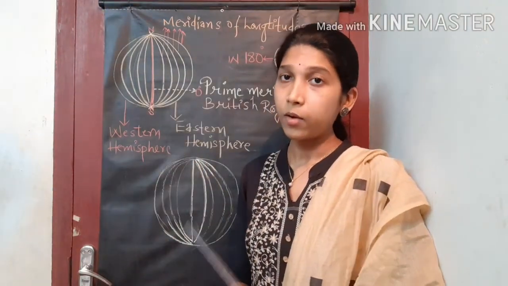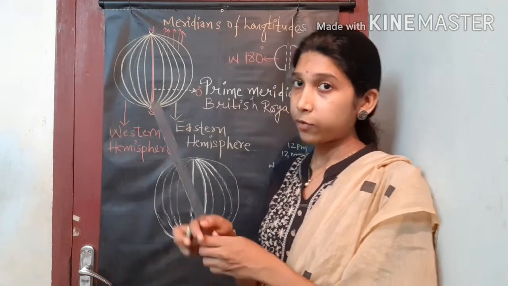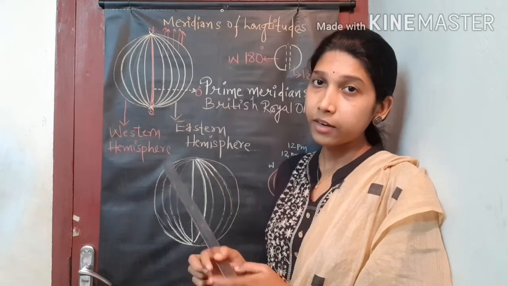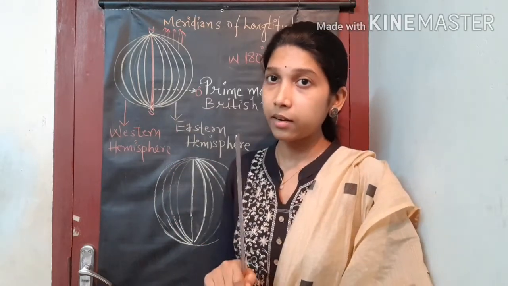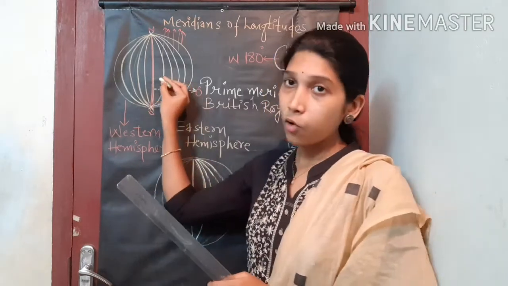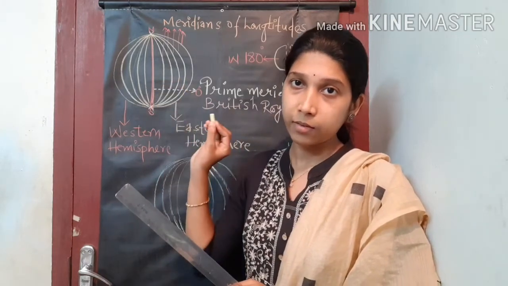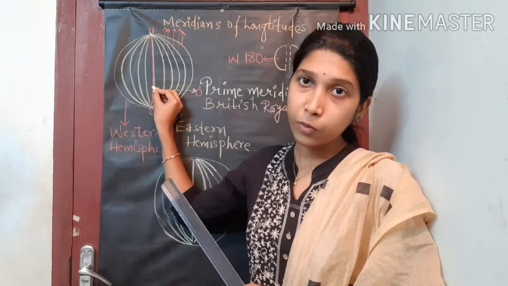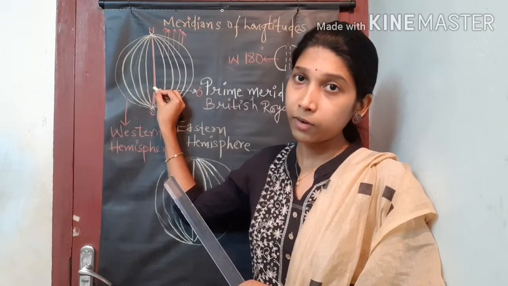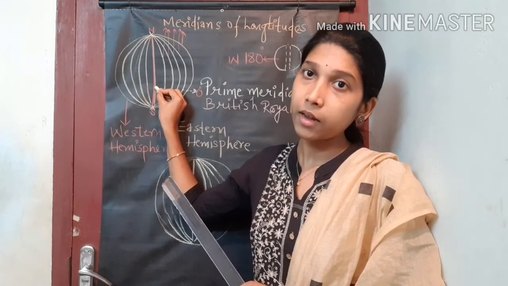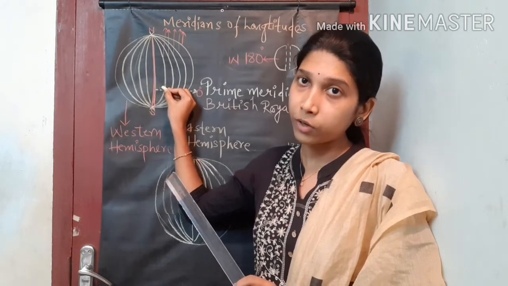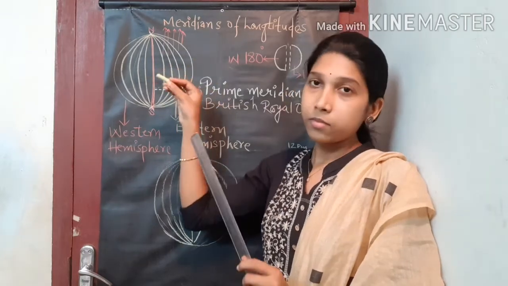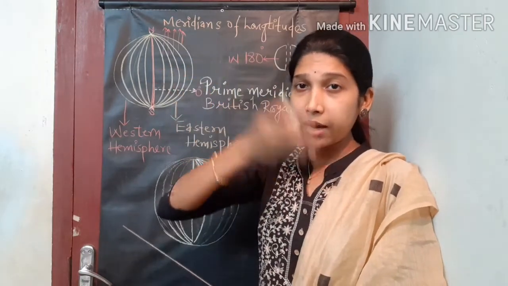Dear children, when I say we take 15 degree, 30 degree and 45 degree, don't mistake it as there being no meridians in between. If we are taking 0 degree at Greenwich, there will be 1 degree meridian, 2 degree, 3, 4, 5, 6, 7 degree; there are many meridians.